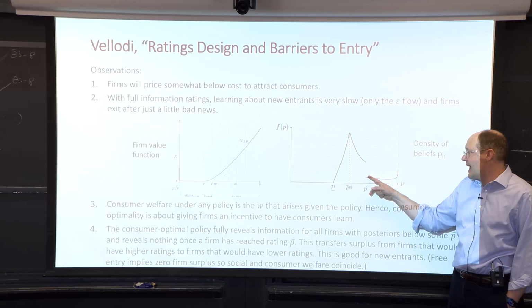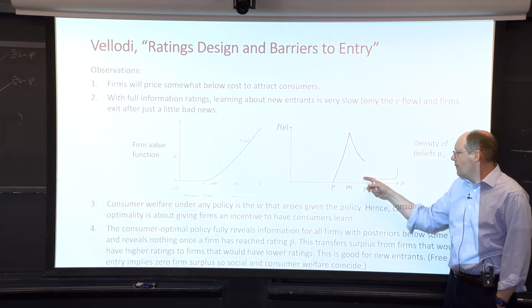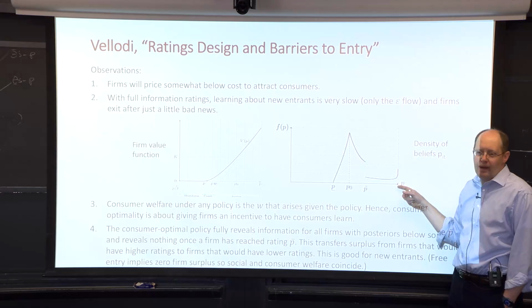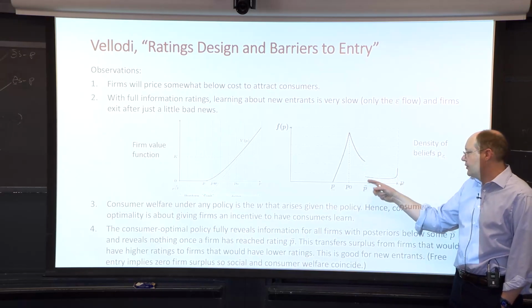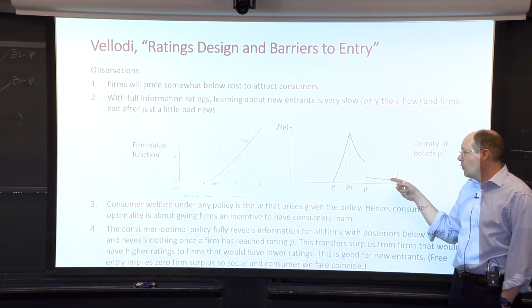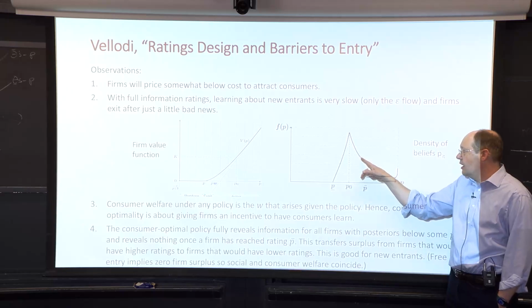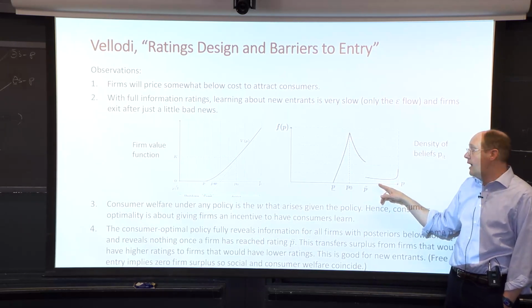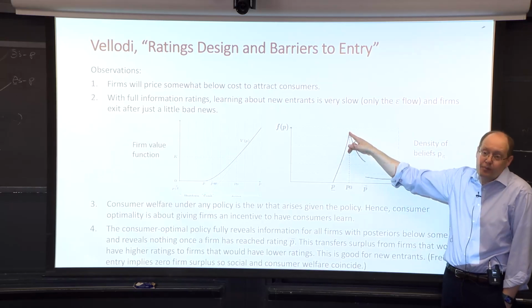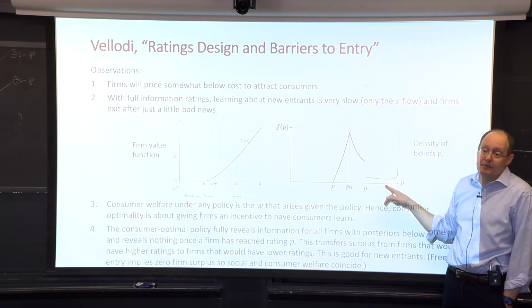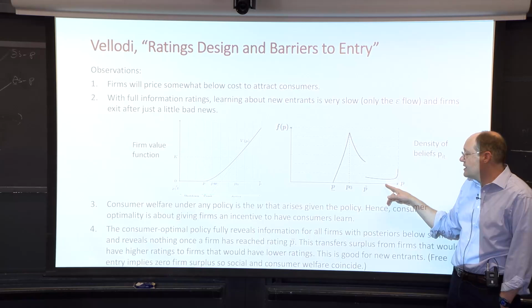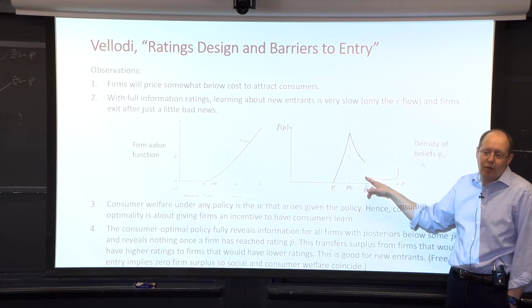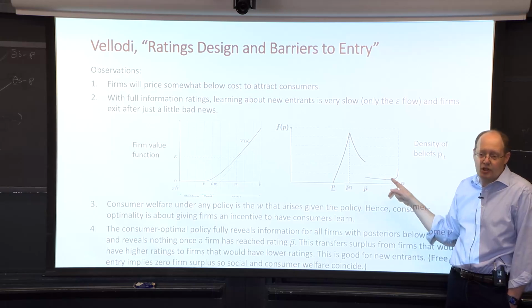You do that because by having a flat benefit from being quality P tilde all the way up to here, there's greater incentive to make the jump from here up to here, and therefore these firms are willing to price further below cost in order to make that jump. And then you are disadvantaging some firms. You're hurting firms up here, helping firms down here, by not providing quality information that lets them show if they're really good.